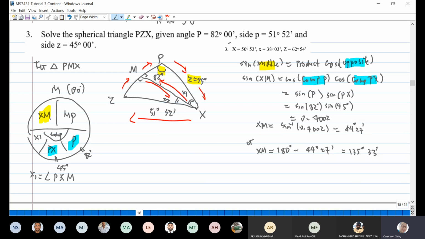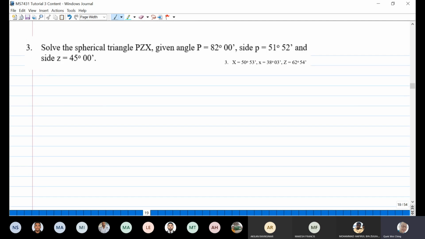Okay, why is this so? How come we have this special case? Because remember, in the right angle triangle, only not regular angle for sine, right? ASTC.